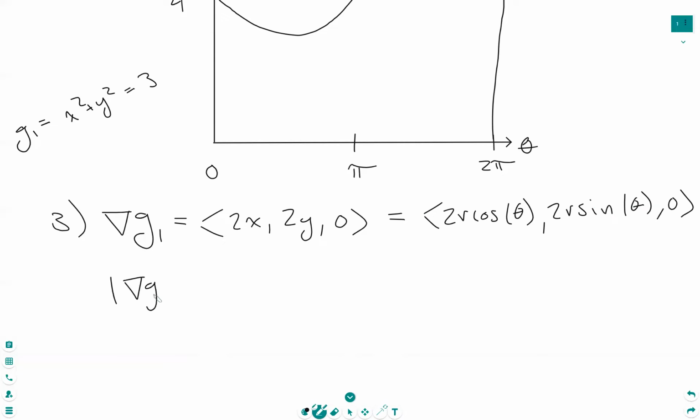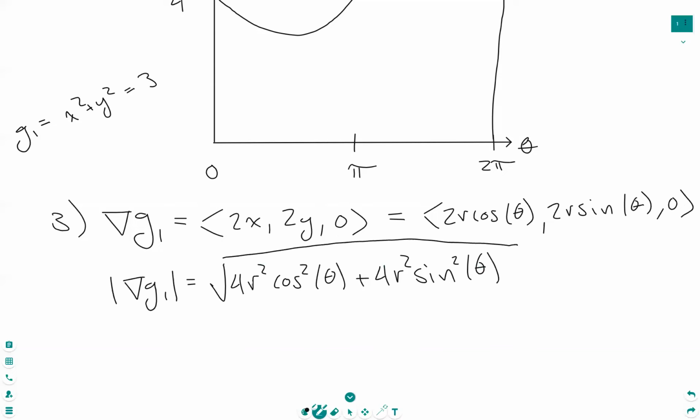The magnitude of this is the square root of 4r squared cosine squared theta plus 4r squared sine squared theta, which is equal to 2r. And don't worry, we're going to deal with this r in a second.